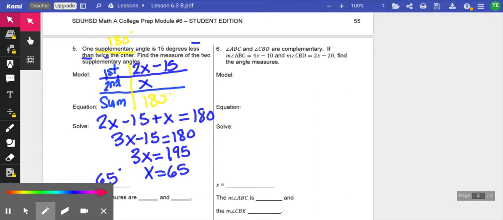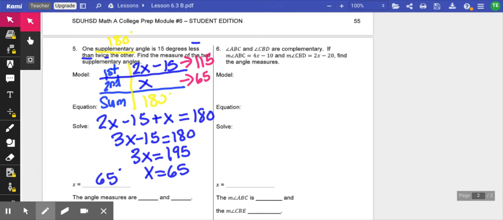So 2 times 65 is 130. 130 minus 15 is 115. And this one is 65. And 115 plus 65 is 180. So the measures are 115 degrees and 65 degrees.